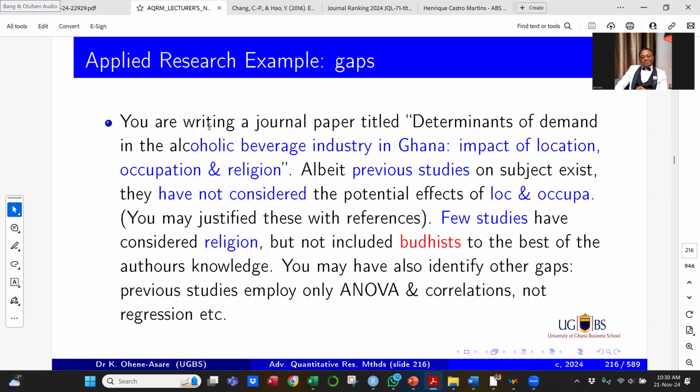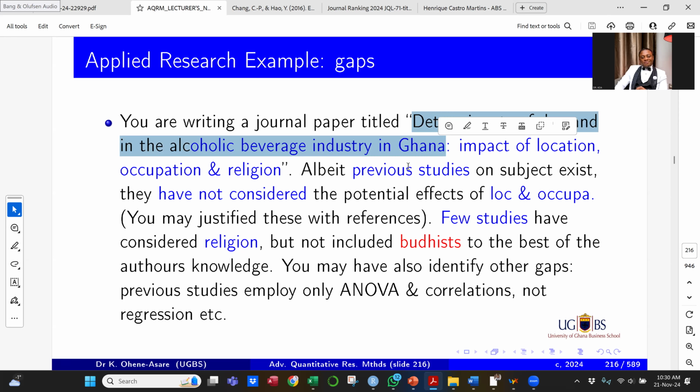Okay, now let's take a paper that you are writing, and then let's see the outcome of this paper. You're writing a journal paper titled Determinants of Demand in the Alcoholic Beverage Industry in Ghana. Now, a lot of people have written papers like that. They've all been writing papers on determinants of demand.